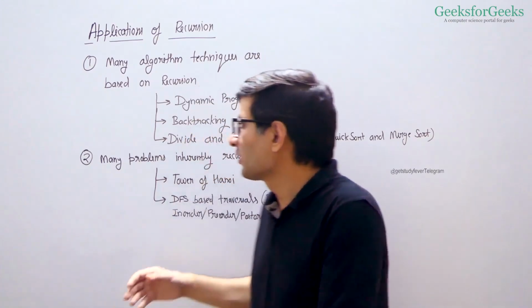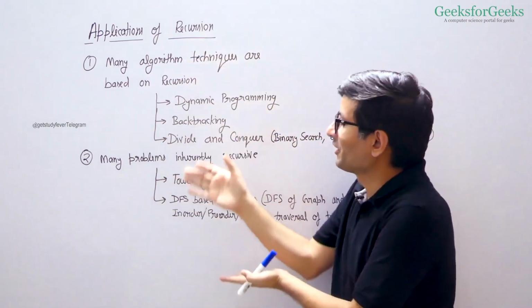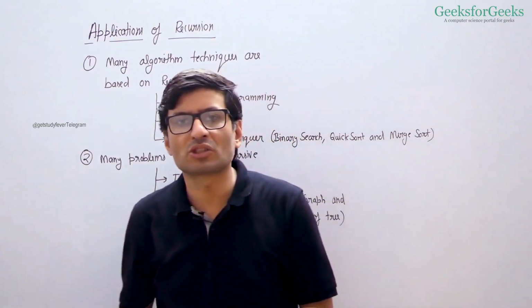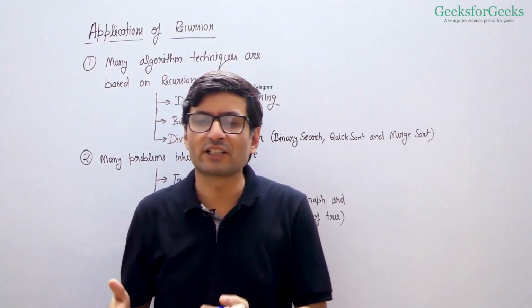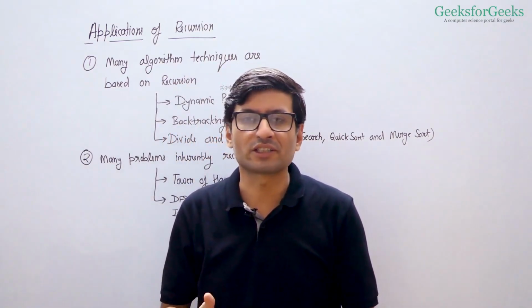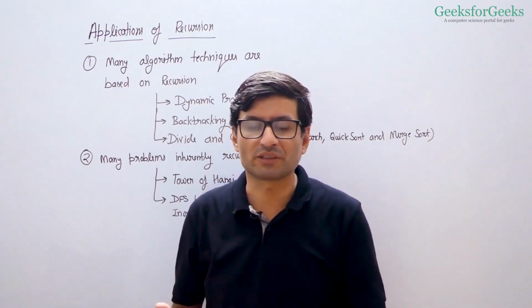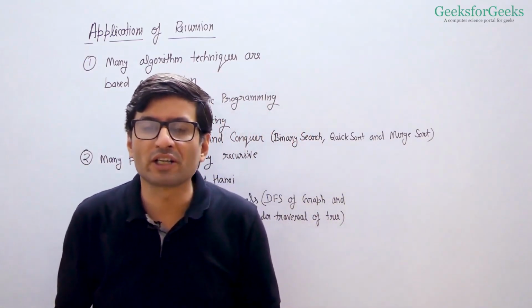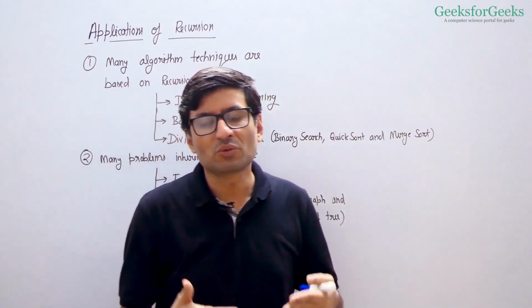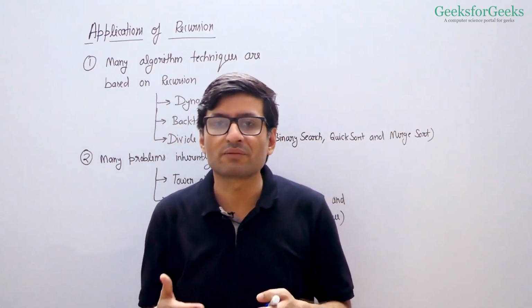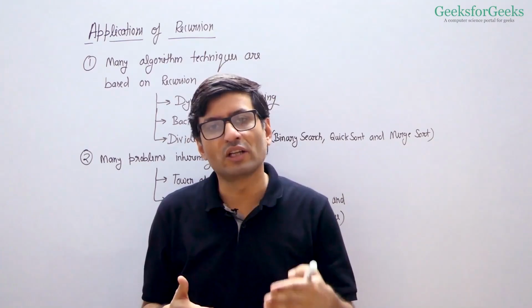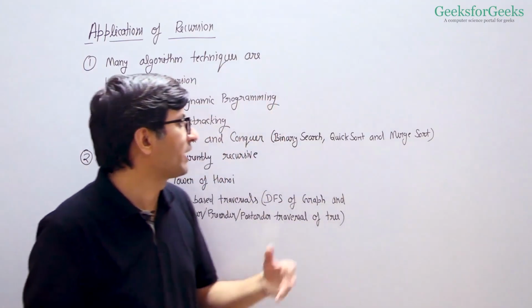Now all these examples that I've listed here can also be solved using iteration. As I said earlier, iteration and recursion generally have the same expressive power. And many times an equivalent iterative code causes less overhead. For example, binary search.